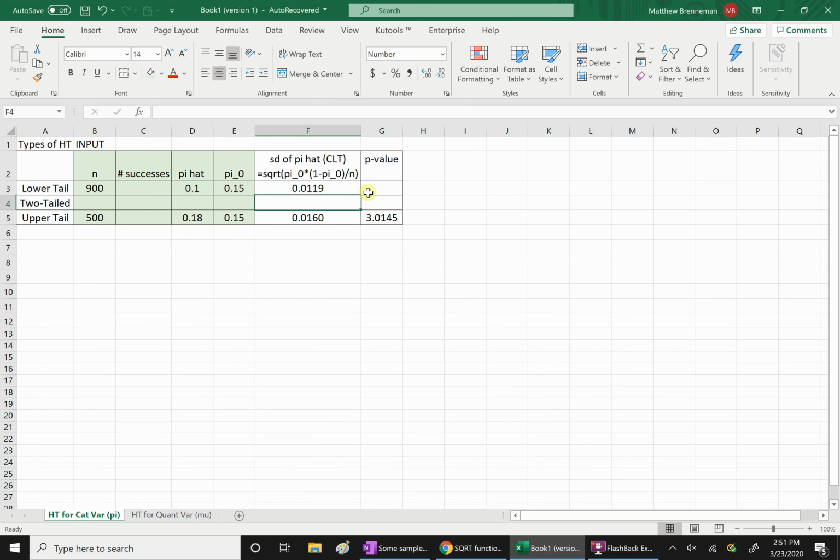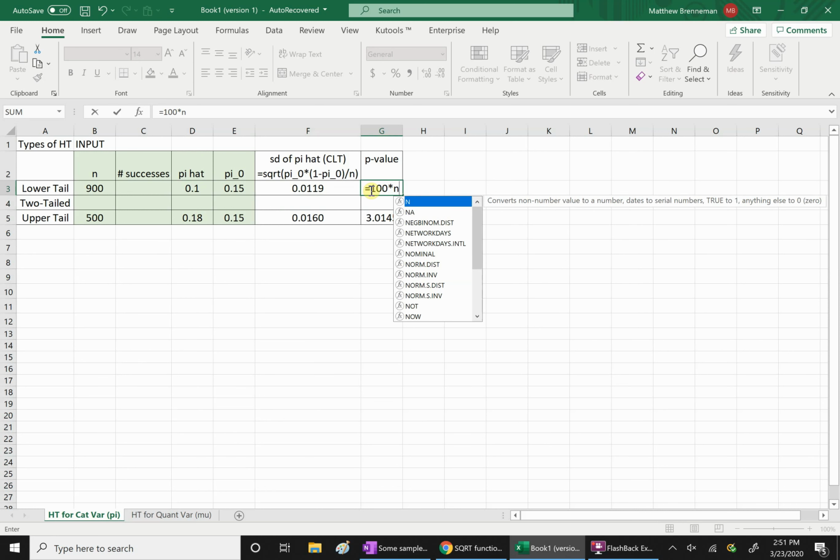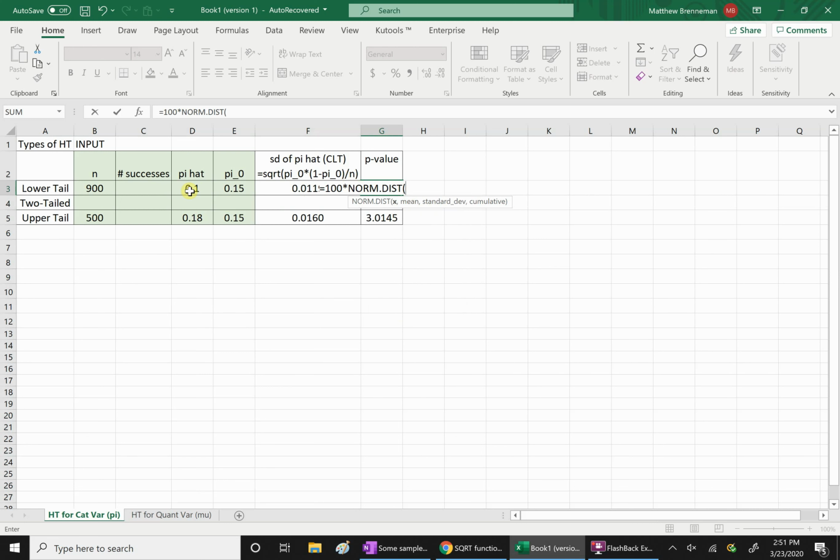We're doing a lower tail test, so we're computing the probability in the lower tail, which means we're using norm.dist. There's our sample estimator, the mean, the standard deviation, and then true. And we can see that the p-value, expressed as a percentage, is way lower than any alpha. Alpha is always 1, 5, or 10%.